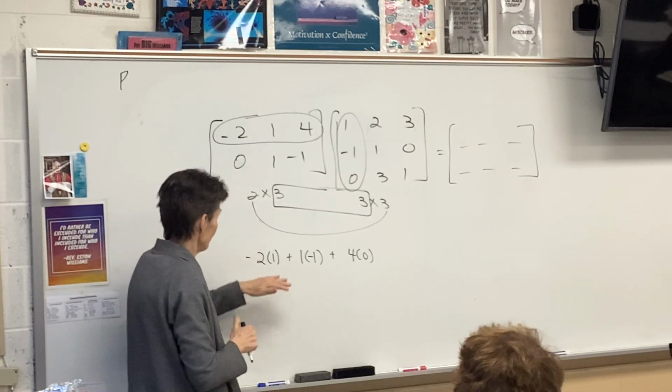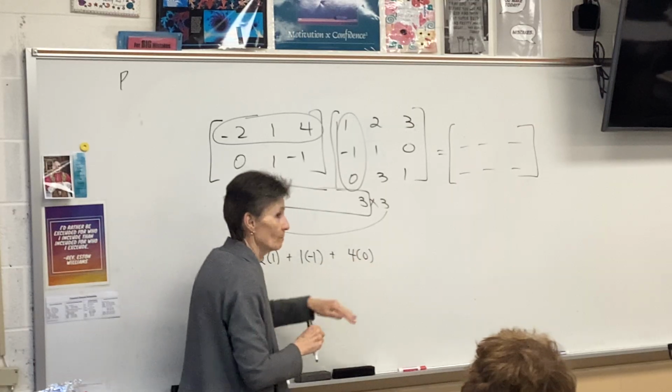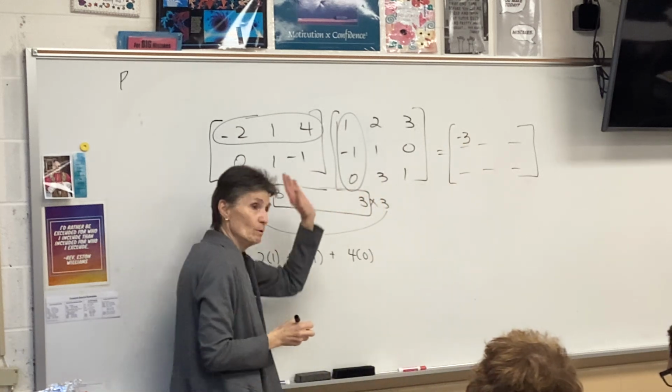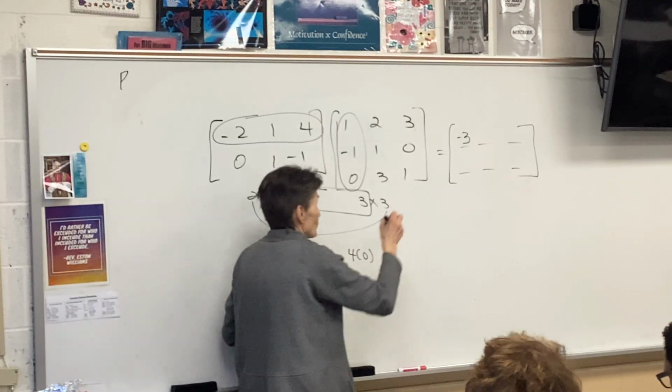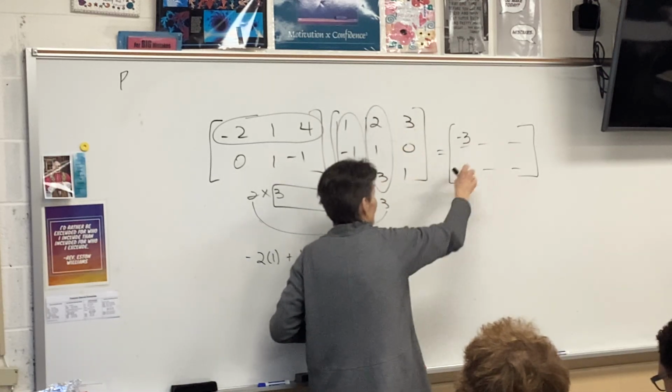So what do I get? -2, -1, and 0. -3. And then I move on over to the next spot, which is still row 1, but now it's column 2.